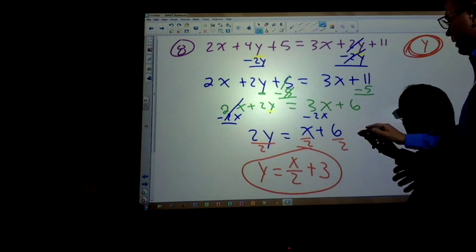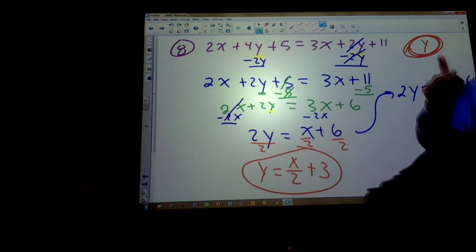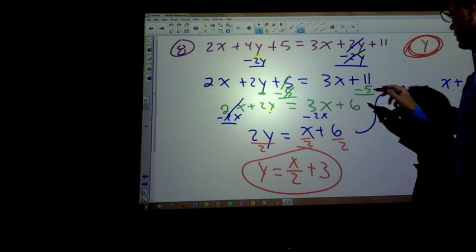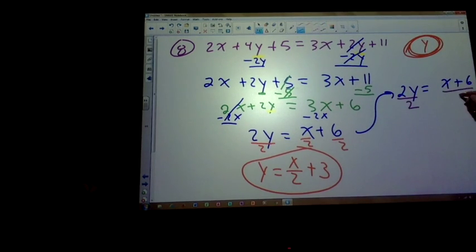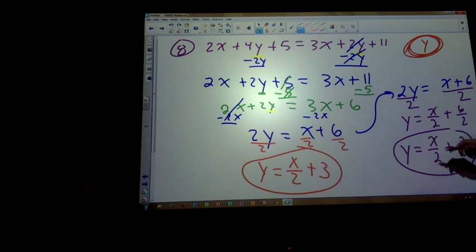Okay, so let me do this. This might clear this up. So let's go back to this step right here. Okay, watch. Ready? Don't write anything down yet. If I divide by 2 and I divide by 2, so now I just divided both sides. And then I can separate this fraction, x over 2 plus 6 over 2, which gives me, that's the same thing.